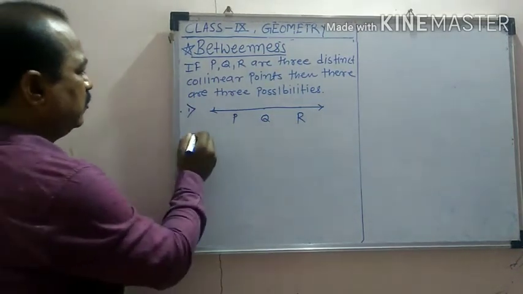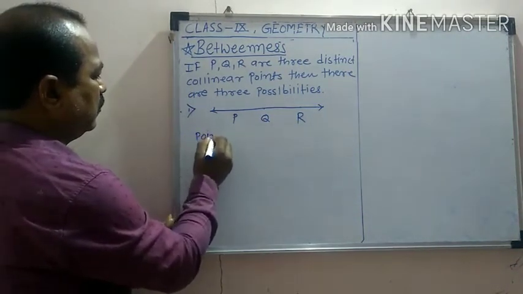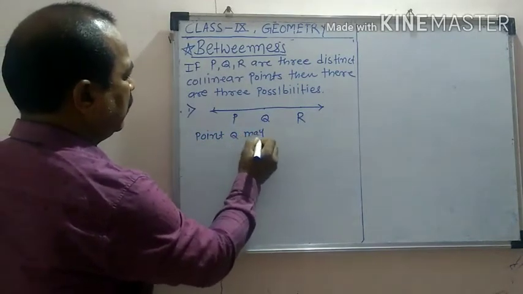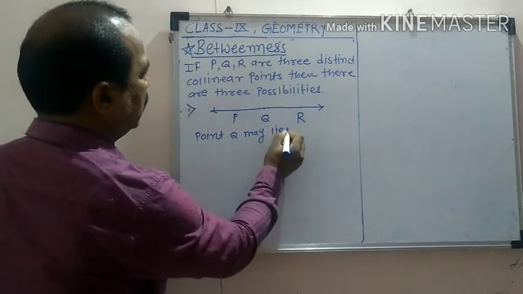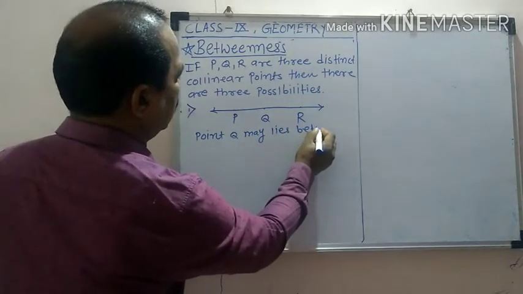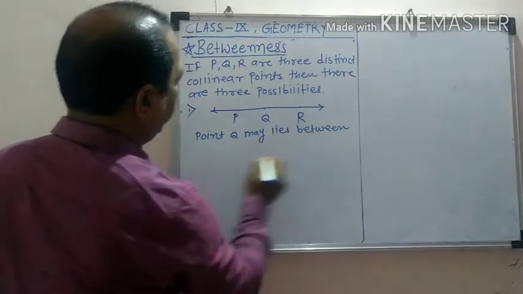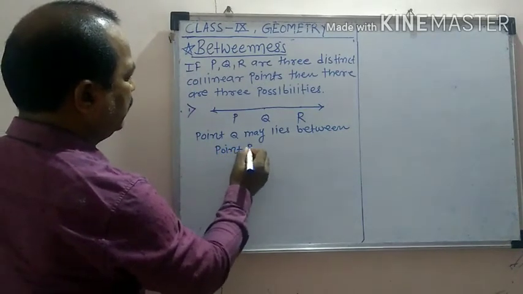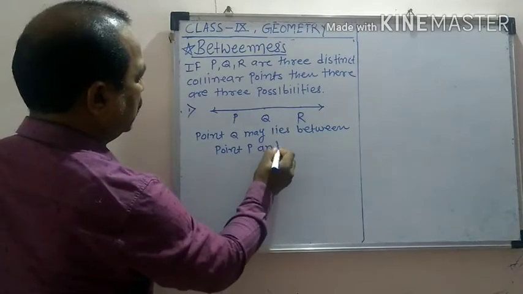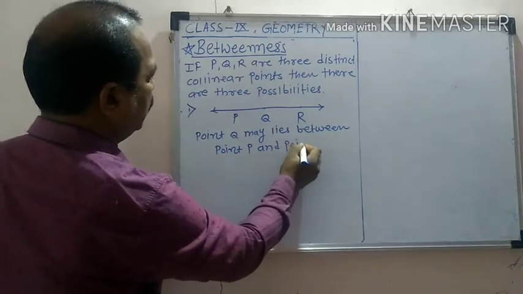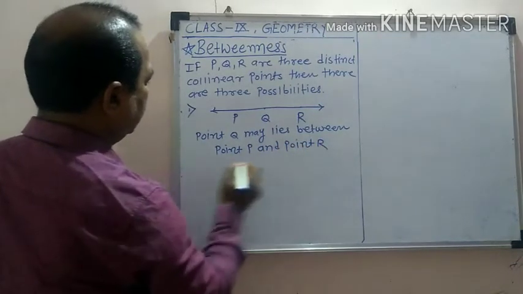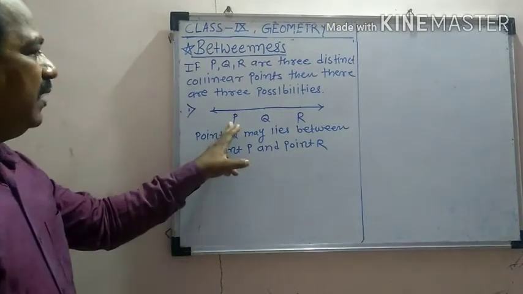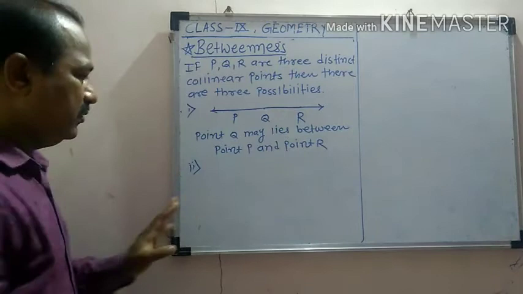Point Q may lie between point P and point R. The second chance is what? Point P may lie between Q and R, like this.